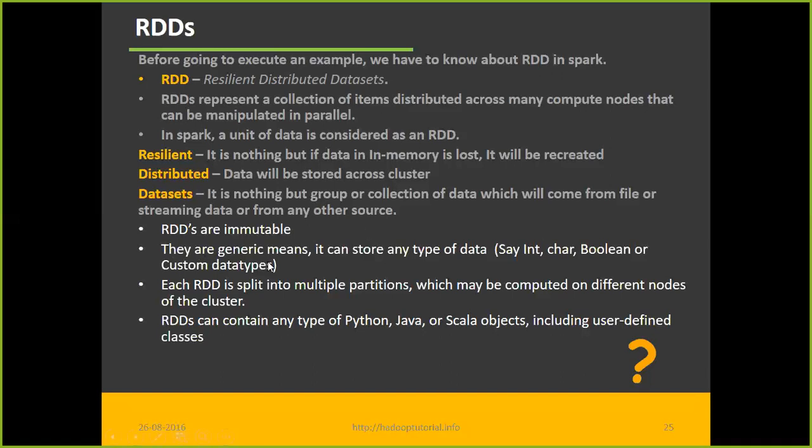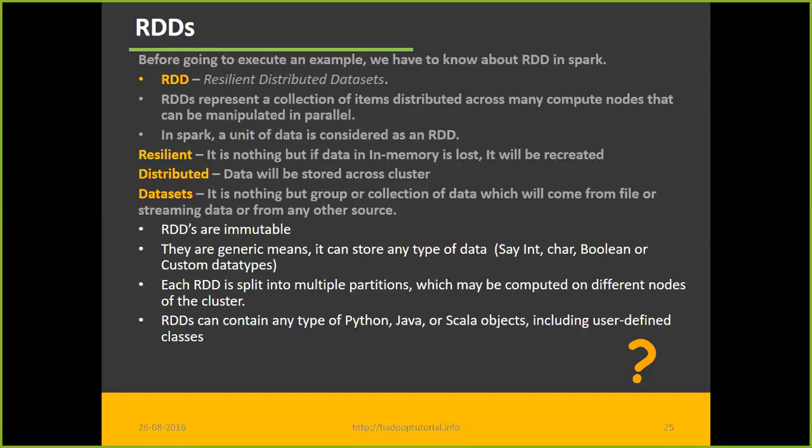They are generic means an RDD can store any type of data. It can store RDDs of ints, RDDs of char, RDDs of boolean. If you load a file, you can treat that RDD as a collection of strings. In layman's terms, I told you to treat it as a file.